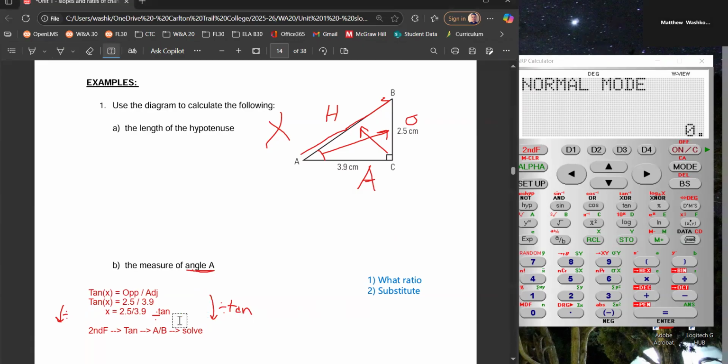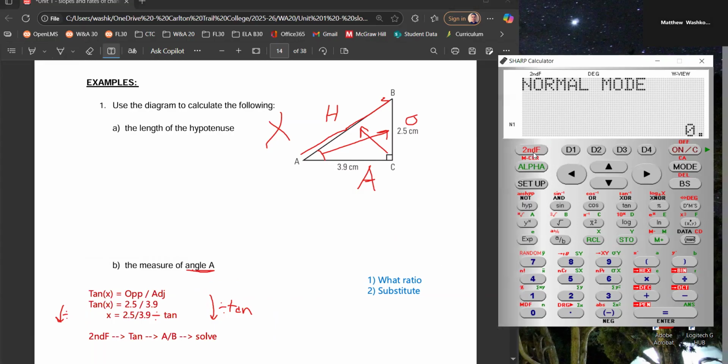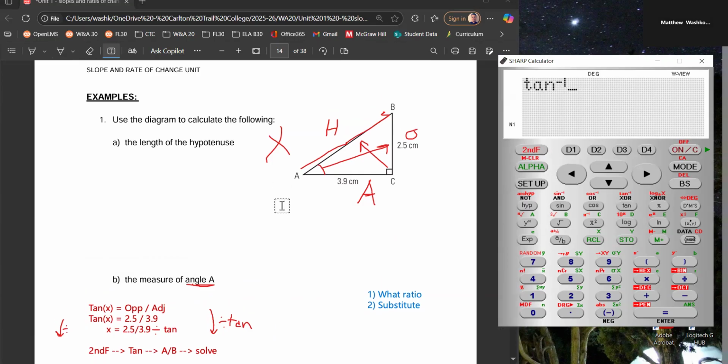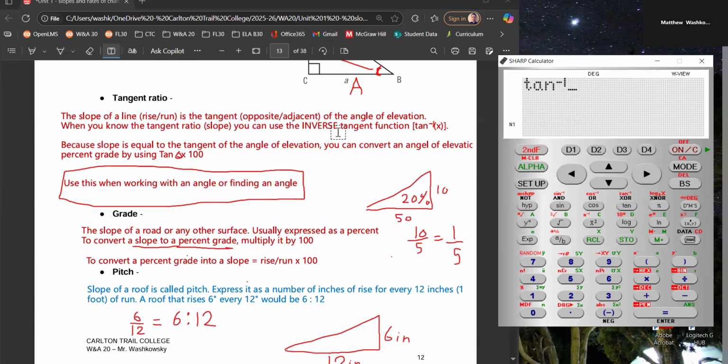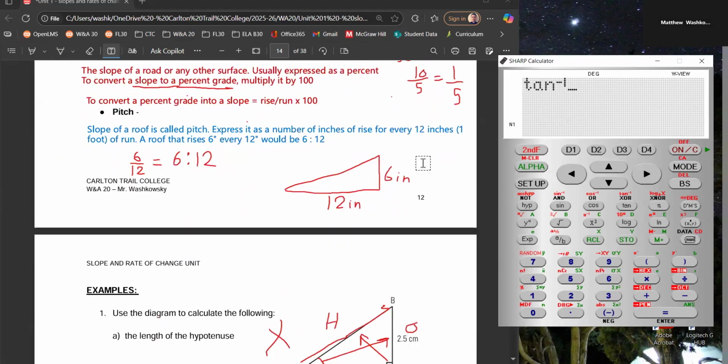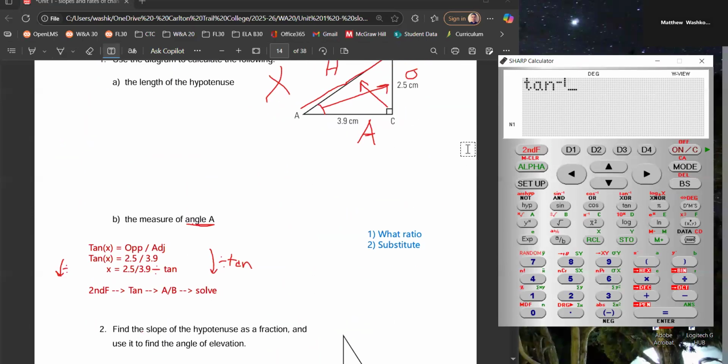So I've just shown you I can't divide by tangent. It doesn't work. So instead, what I need to do is second function, tangent. You know, this is little -1 here, right? We're doing what's called the inverse. This is dividing by it.